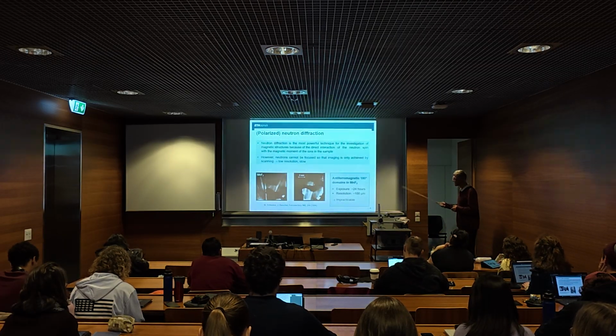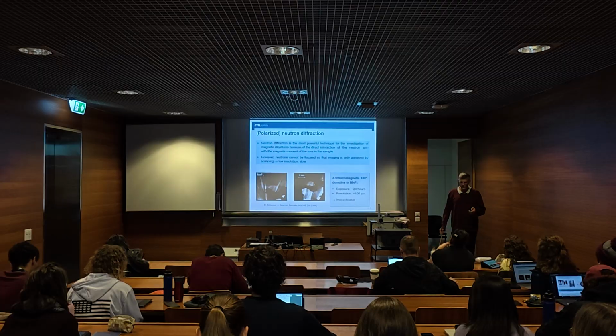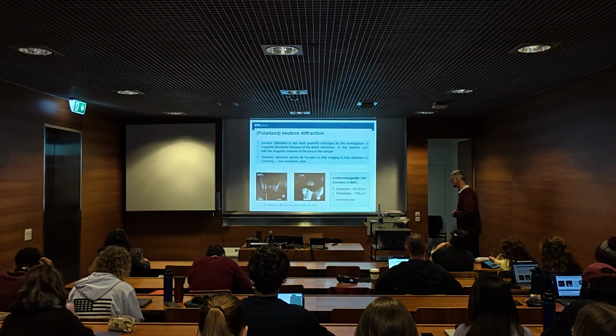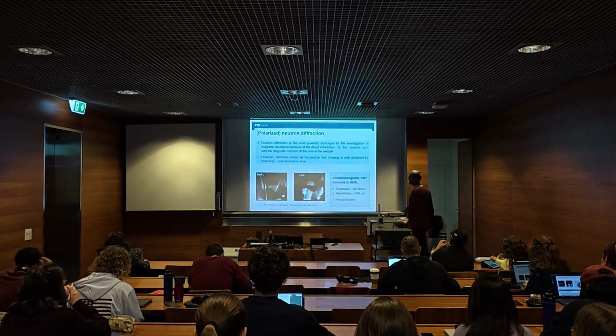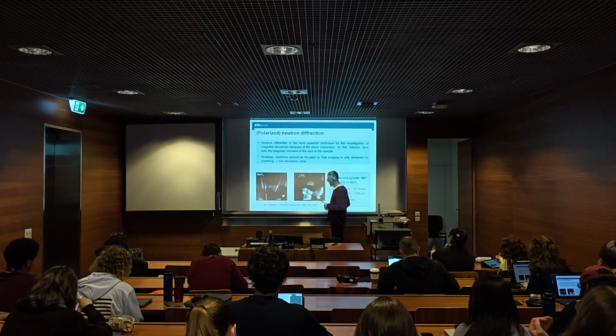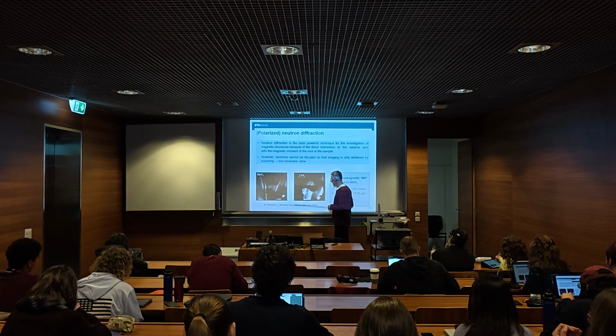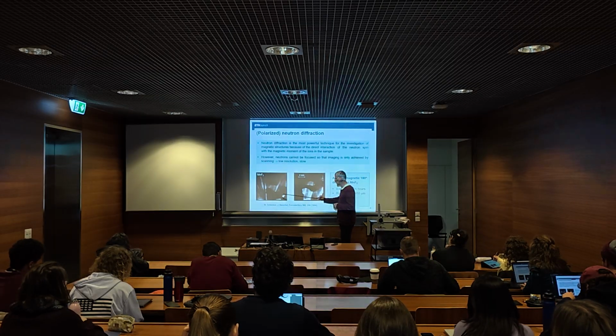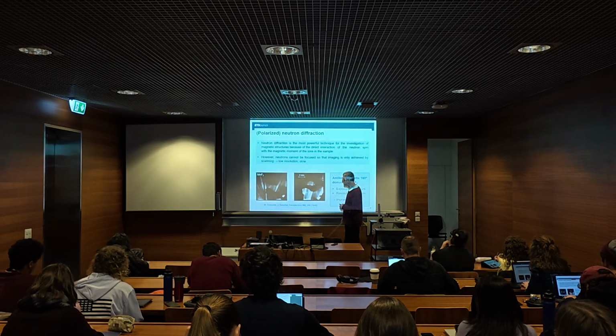Okay, then I already mentioned polarized neutron diffraction, because neutrons can directly interact with spins. And if you work with polarized neutrons, it gets even more selective. And here's this example again that I showed earlier on: the manganese fluoride domains that were imaged by scanning a neutron beam.